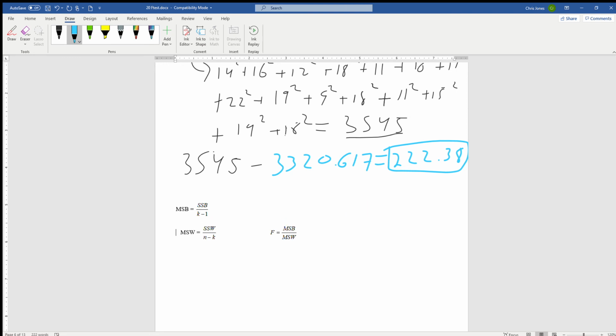MSB is equal to SSB over k minus 1. Remember, we found SSB earlier, to be 5.35, I believe. And k minus 1 is 3 minus 1, which is 2. And I end up with 2.68.